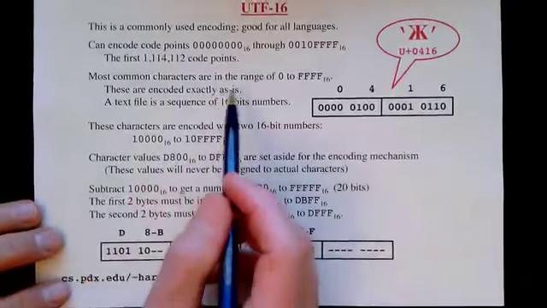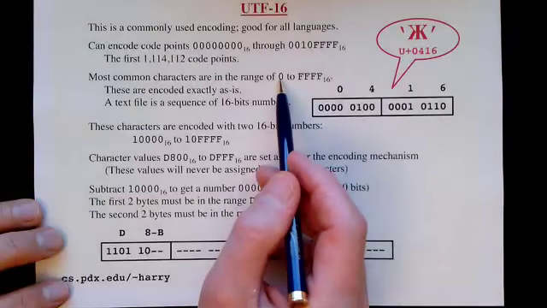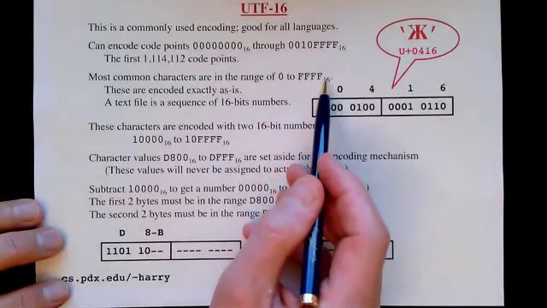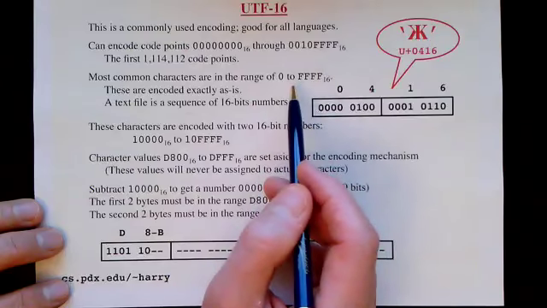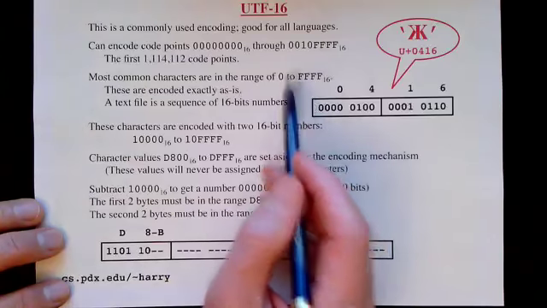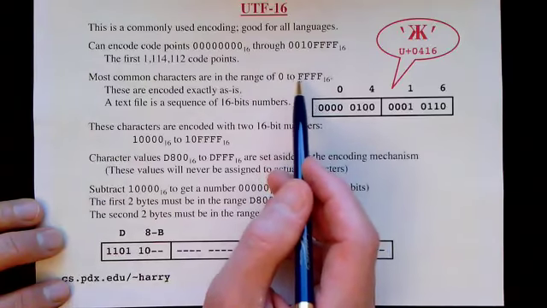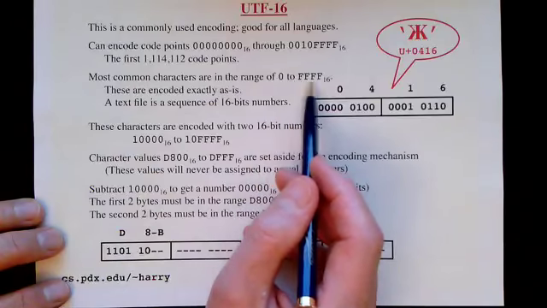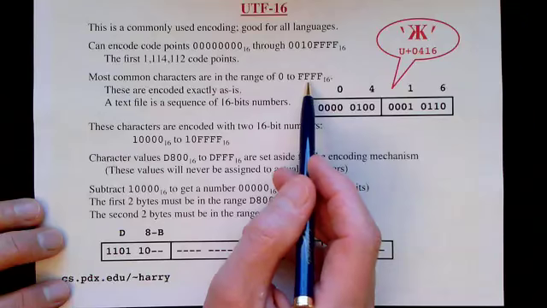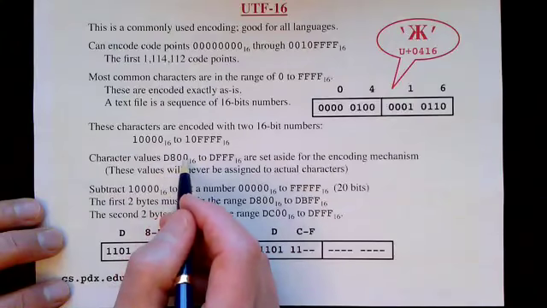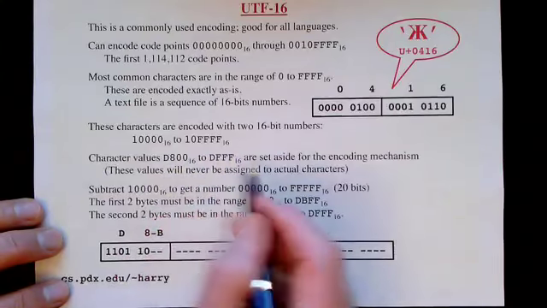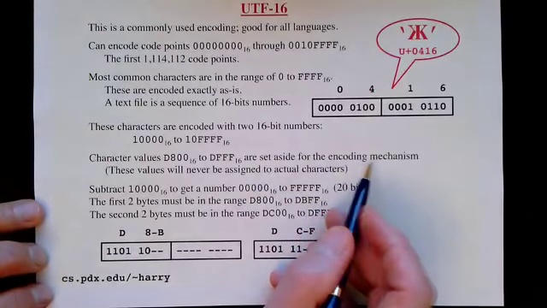First of all, let me go back to characters that are in this range, from 0 to FFFF. Not all of those values are assigned to a character. In fact, some of those values are reserved and set aside for encoding purposes. In particular, the values from D800 to DFFF are set aside for the encoding mechanism itself.